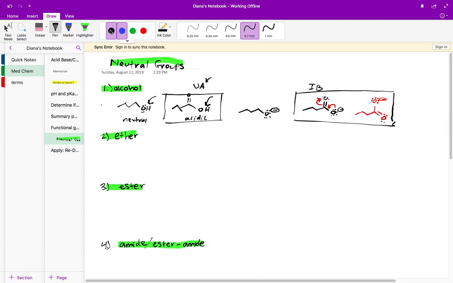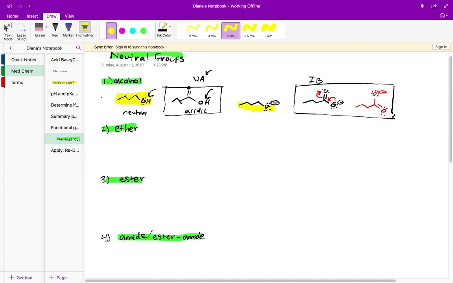Whereas an alcohol, if you look at the alcohols right here, its conjugate base form, if it did have one, would be right here, if you deprotonate it. This alcohol is actually going to be neutral to begin with. So this is a neutral functional group.